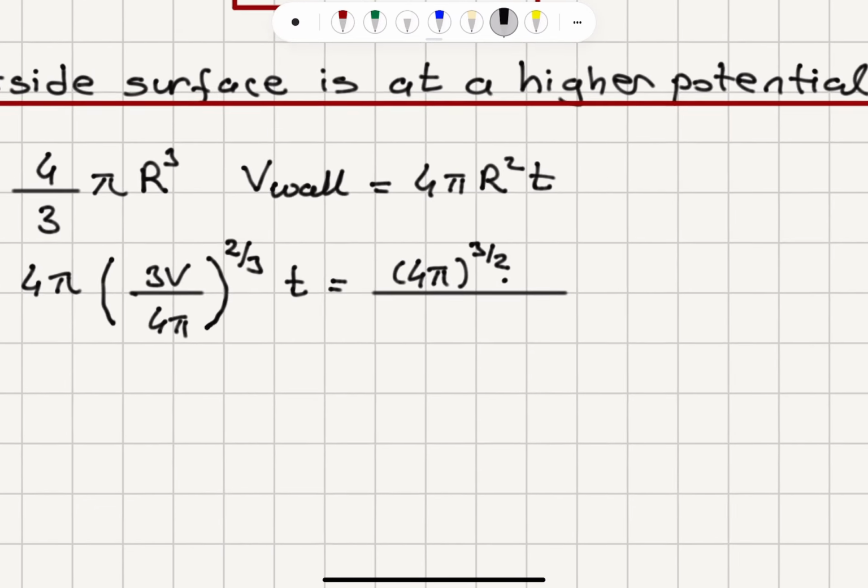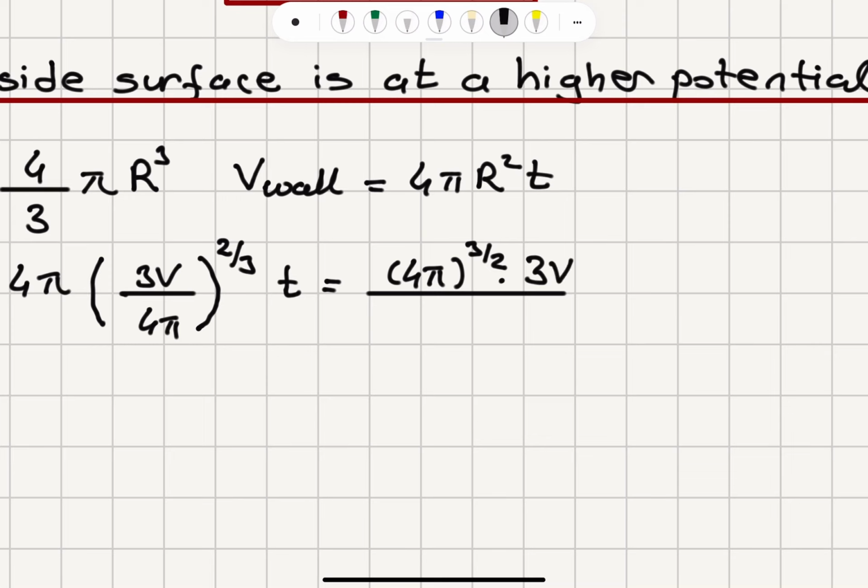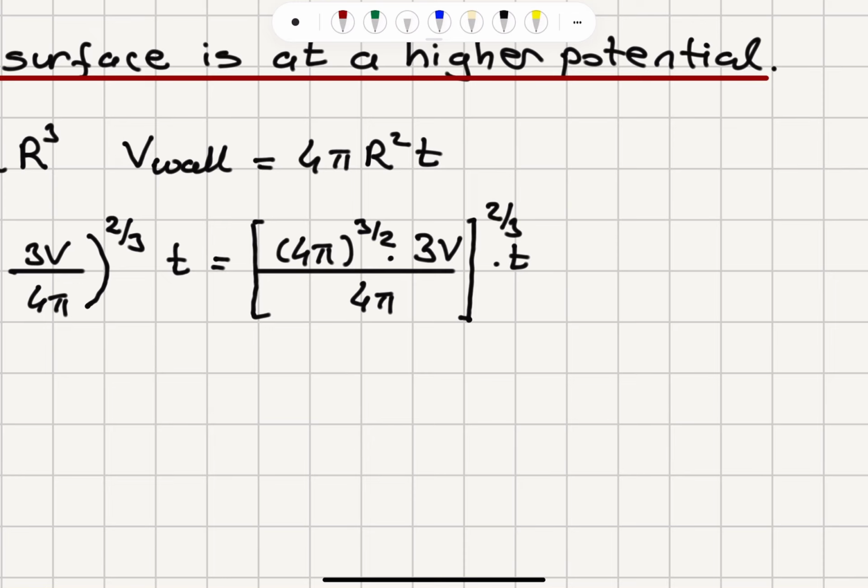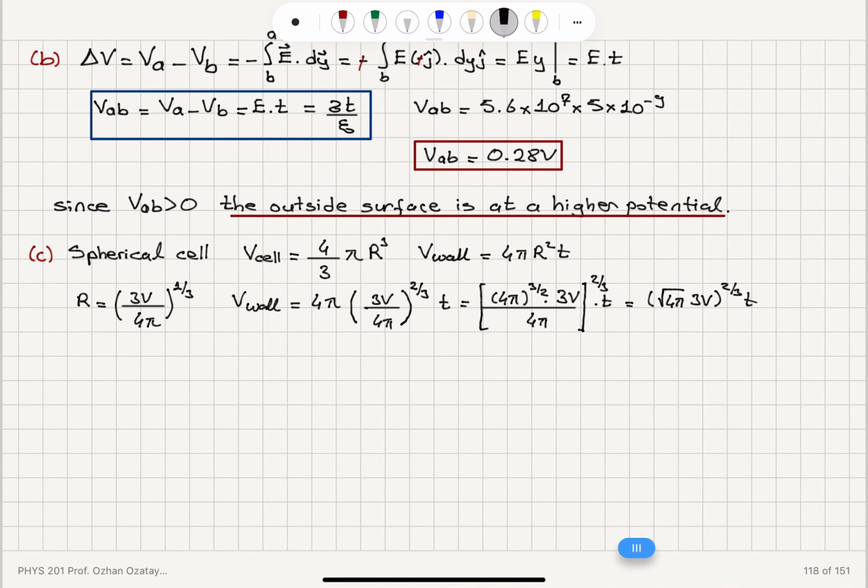Then I have 3V divided by 4 pi, all inside this parentheses, which is to the power 2/3, multiplied by thickness T. Now 4 pi to the power 3/2 divided by 4 pi is square root of 4 pi. So I will have square root of 4 pi times 3V to the power 2/3 multiplied by thickness T. So that's the volume of the wall.